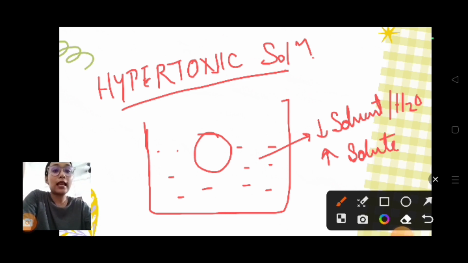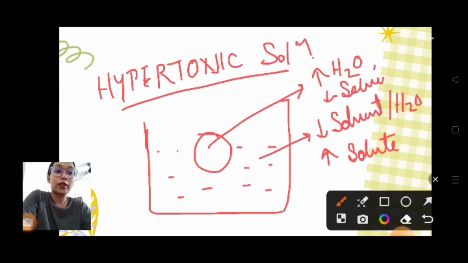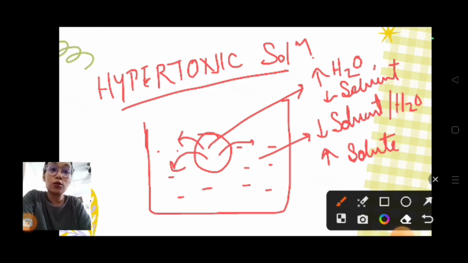But in the case of the cell, inside the cell there will be high water concentration and low solute. So in this case, what will happen? The water is going to come out of the cell, and what will happen to the cell now?